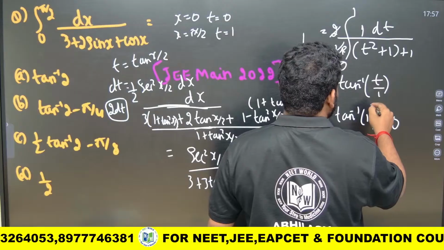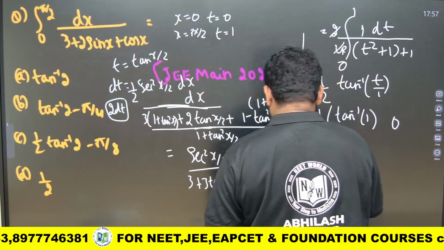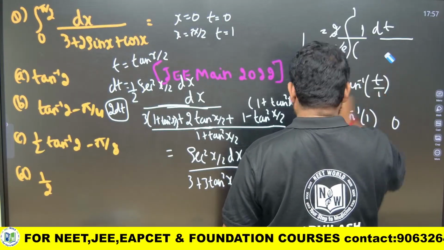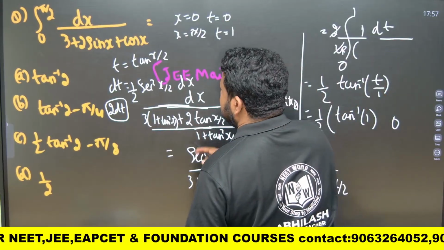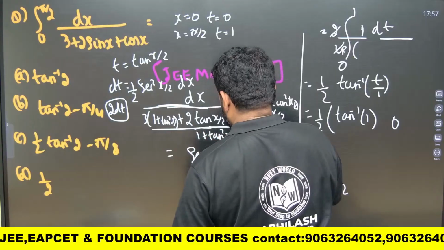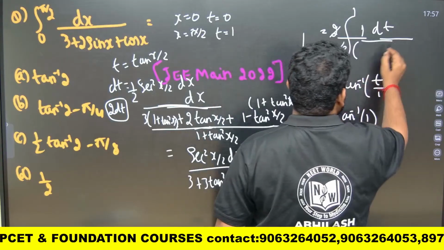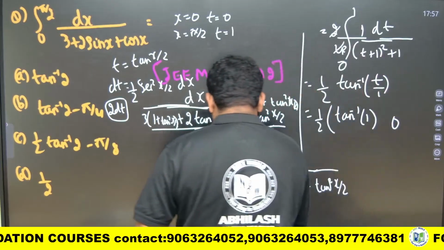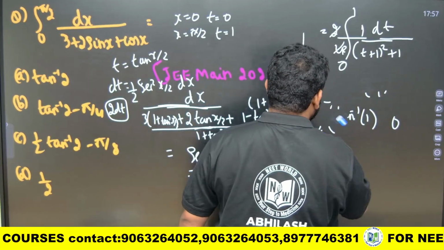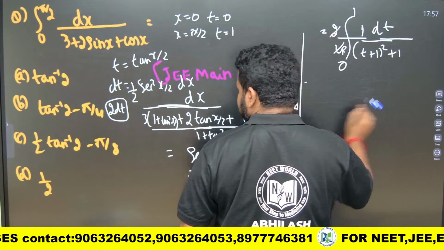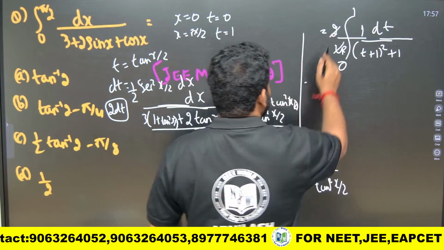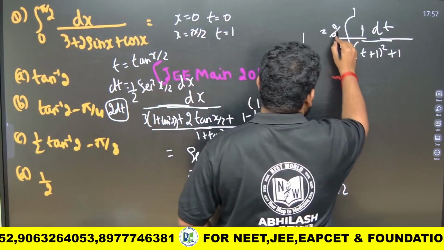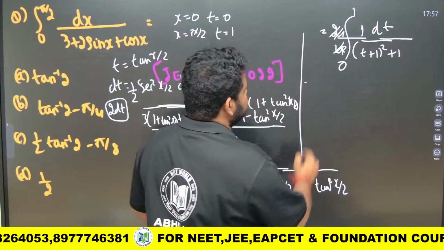So t square plus 1, actually this will be t plus 1 whole square, plus 1. So this will become, if I take it common, this will be actually 4, and I can cancel it.